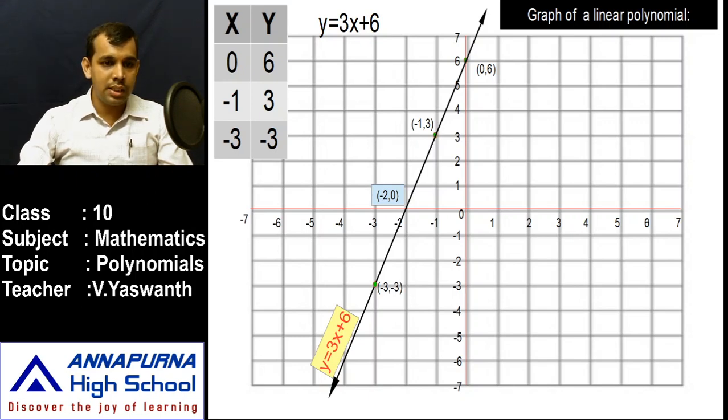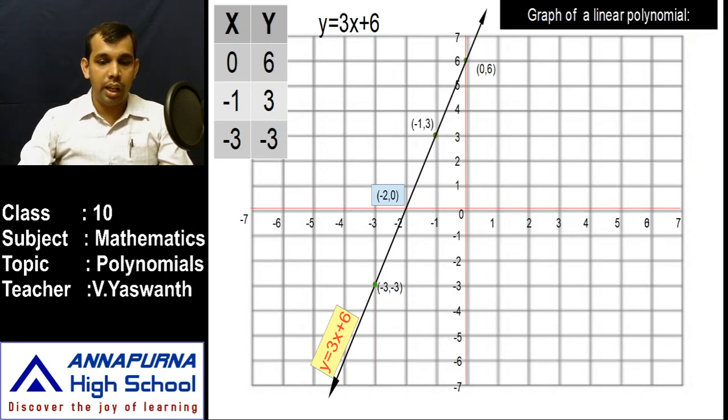And minus 2 comma 0 means the value of this polynomial at x is equal to minus 2 is 0. That means at this particular x value the polynomial value is 0. So what is the zero of this linear polynomial? That is minus 2.